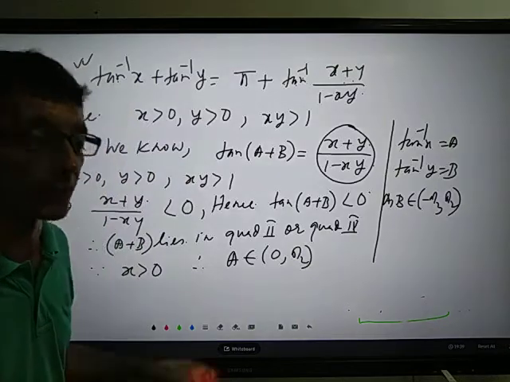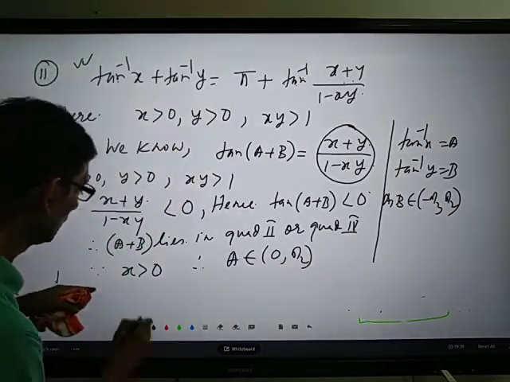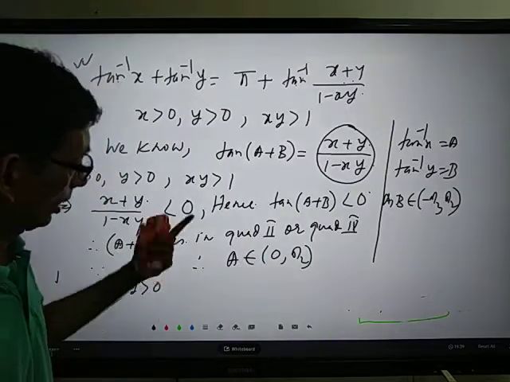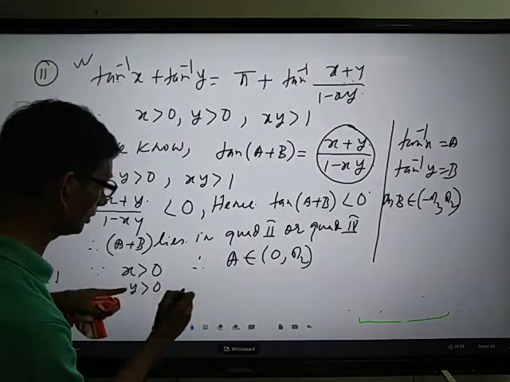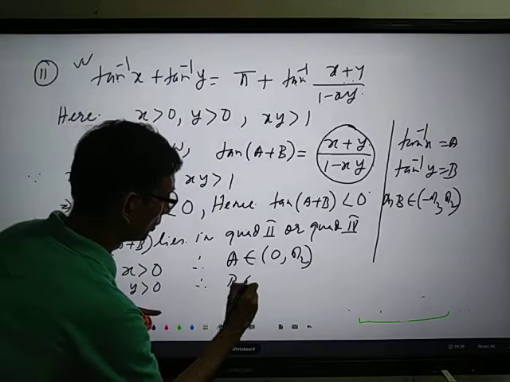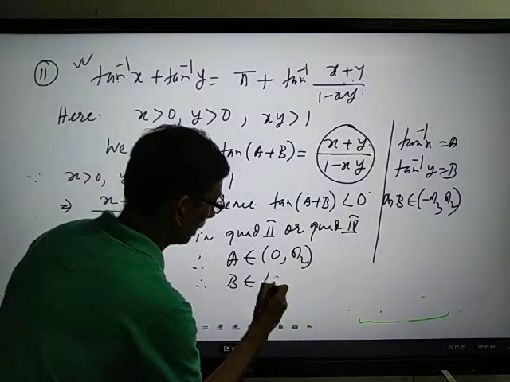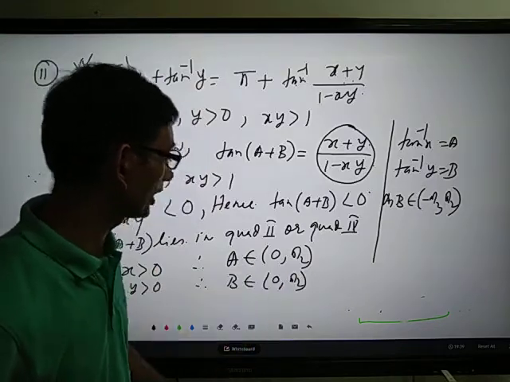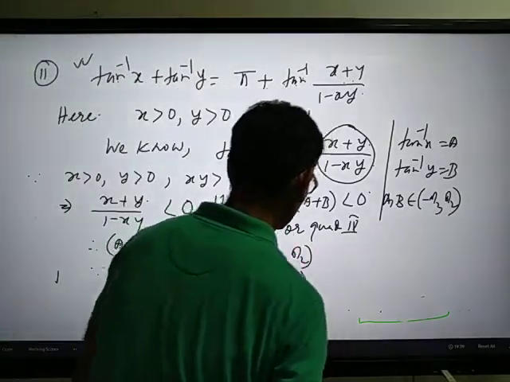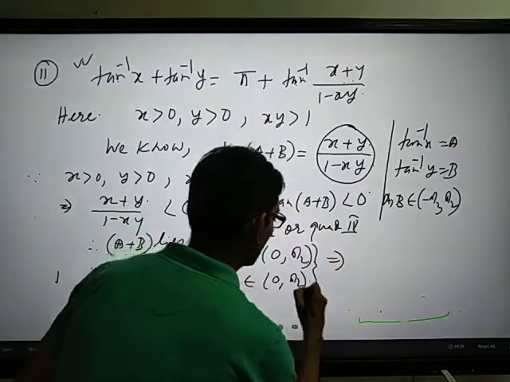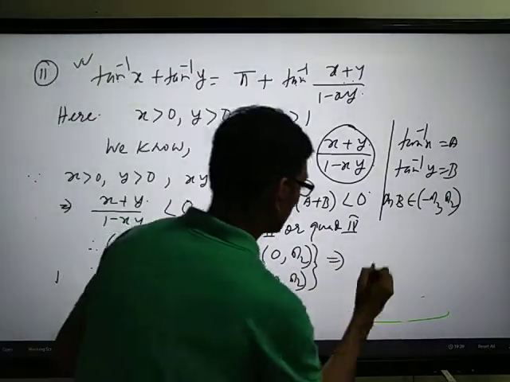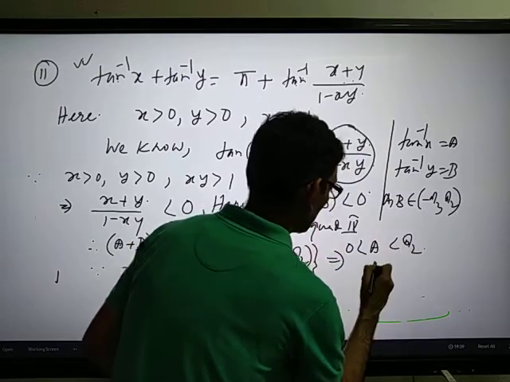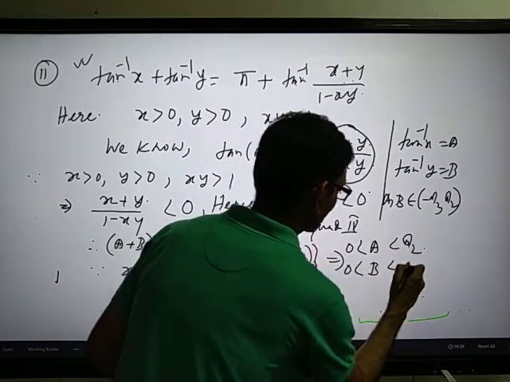A will be lying between 0 to pi by 2, and I already explained these things in the previous proof. So y greater than 0, therefore b also lies between 0 to pi by 2. Combining these two, we can write a is greater than 0 and less than pi by 2, and b is greater than 0 and less than pi by 2.